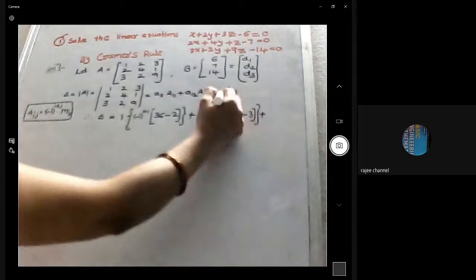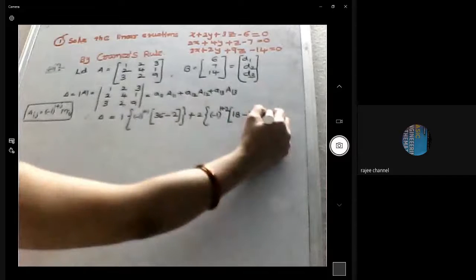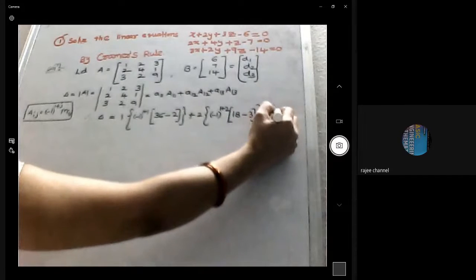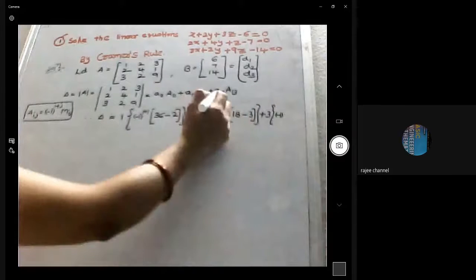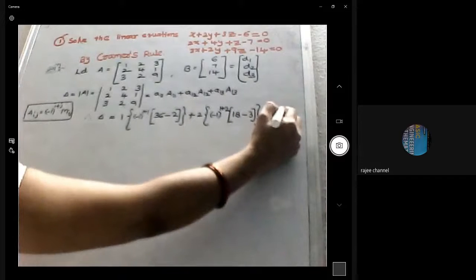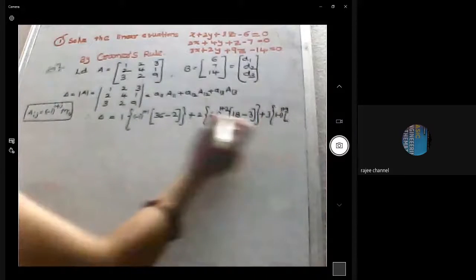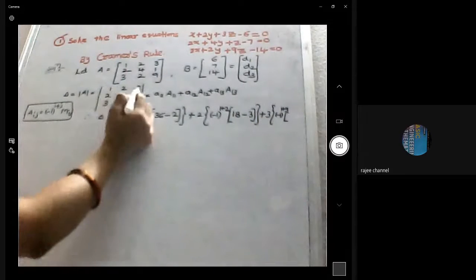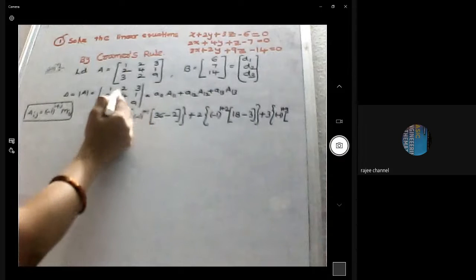Next, A13 equals minus 1 to the power of 1 plus 3, first row and third column removed, taking the remaining determinant.